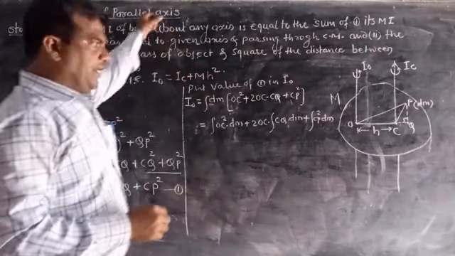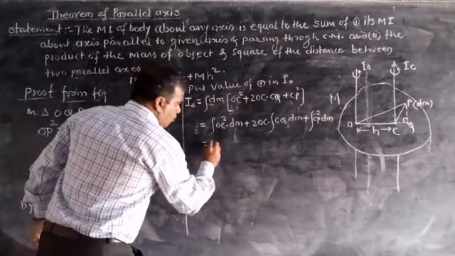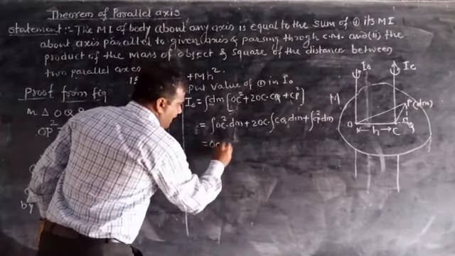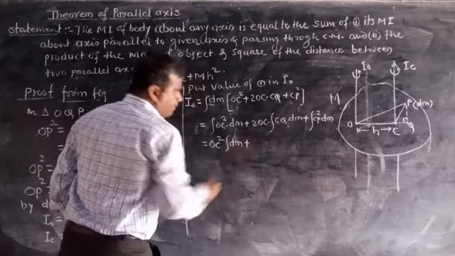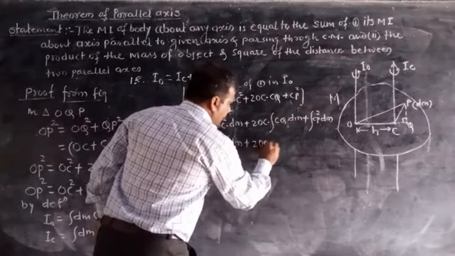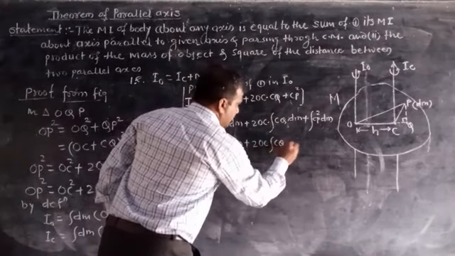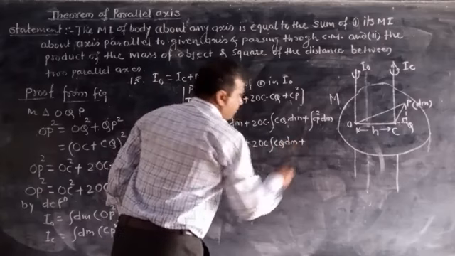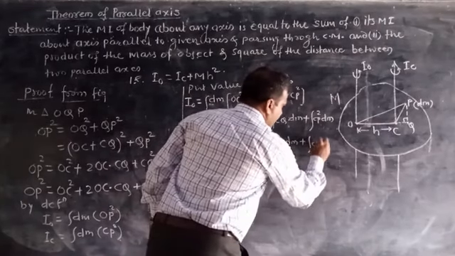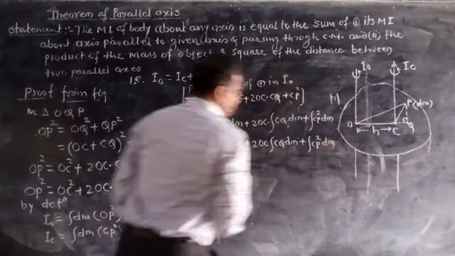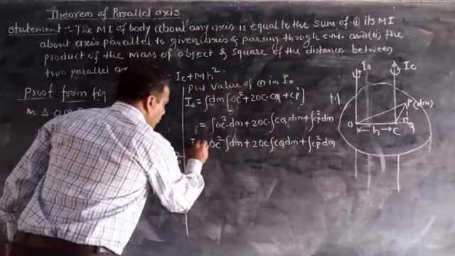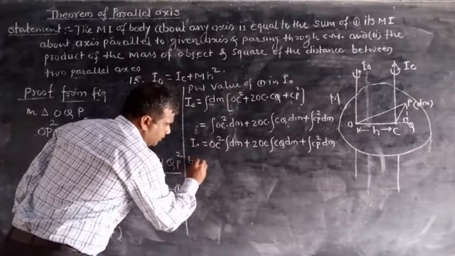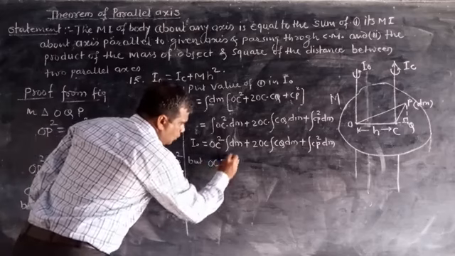Now taking OC square out, OC square integrating dm plus twice OC integrating CQ dm plus integrating CP square dm. Now put, but OC is equal to h.